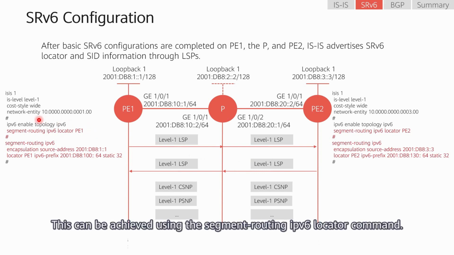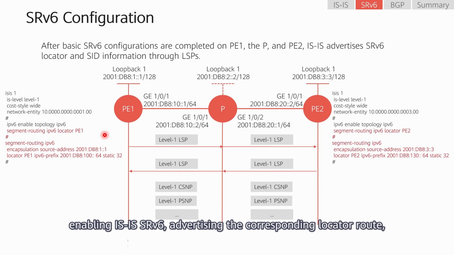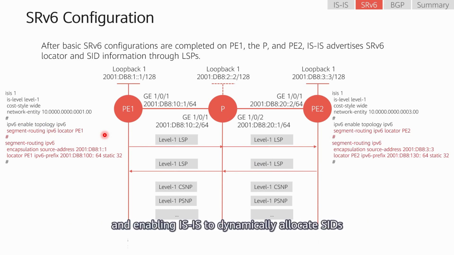This can be achieved using the segment-routing ipv6 locator command. This command has three functions: enabling IS-IS SRv6, advertising the corresponding locator route, and enabling IS-IS to dynamically allocate SIDs if static SRv6 End or End.X SIDs are not configured.